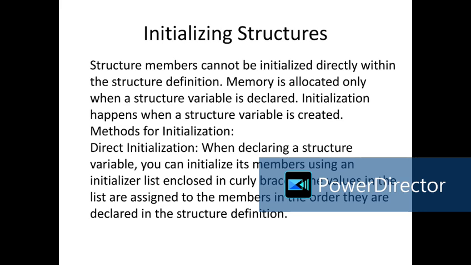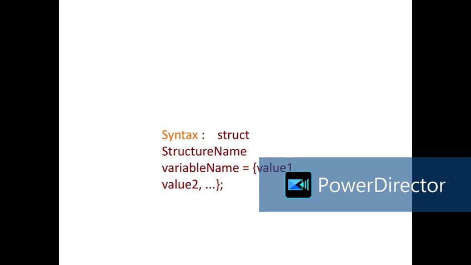Since C99, we can use designated initializers: struct student s1 = {.id = 101, .marks = 90.5}; Rules: you cannot initialize inside the definition, only assign during declaration of a variable. You must use strcpy for string assignment after declaration. This is useful for quick testing, static data, and default values.